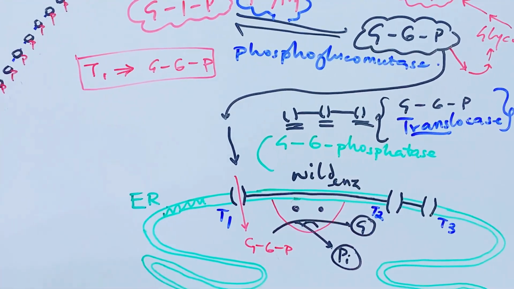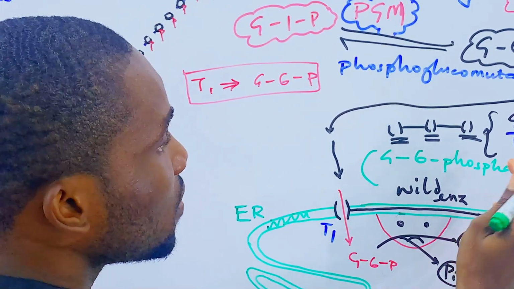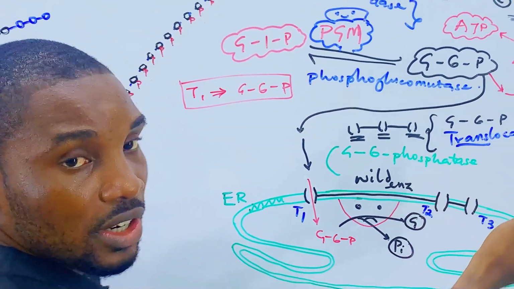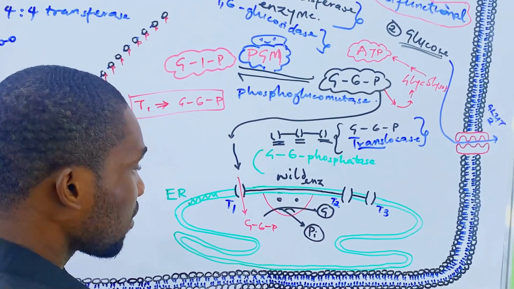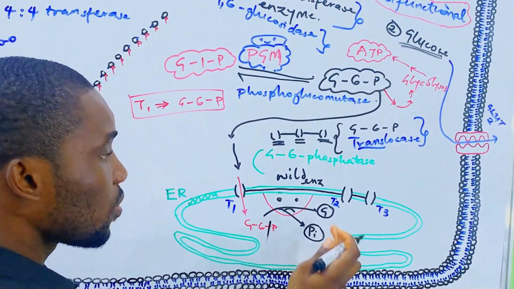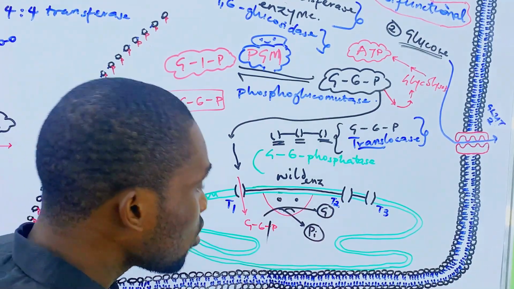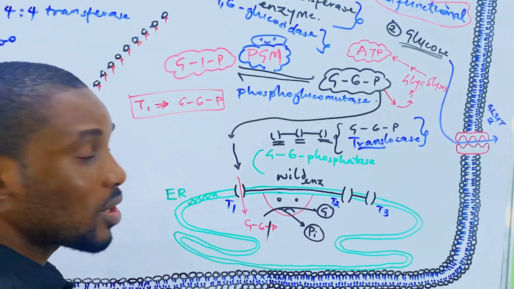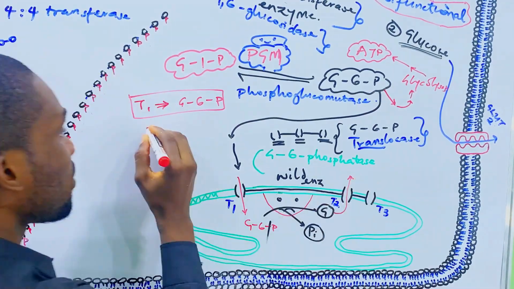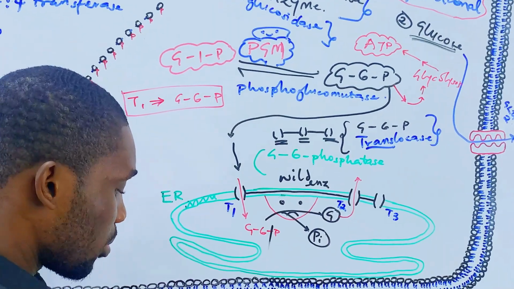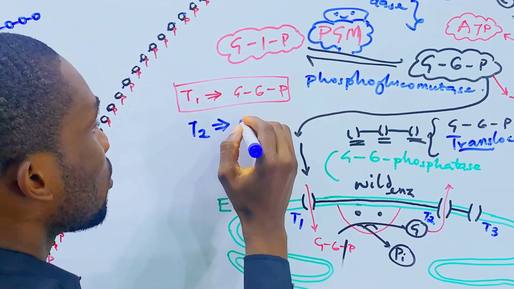So you know phosphatase means to split, to yank off a phosphate. This phosphate over here is yanked off, right? So the phosphate here is yanked off by this enzyme to form glucose and inorganic phosphate, right? And the glucose is now transported back to the cytoplasm through T2. So we have T2, let me use the blue, T2 for glucose.